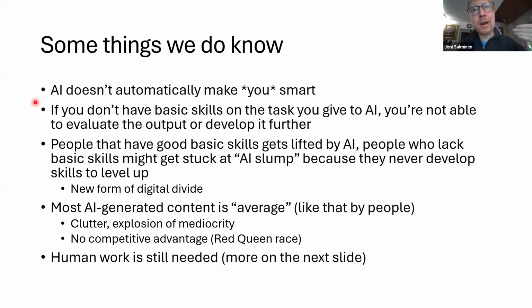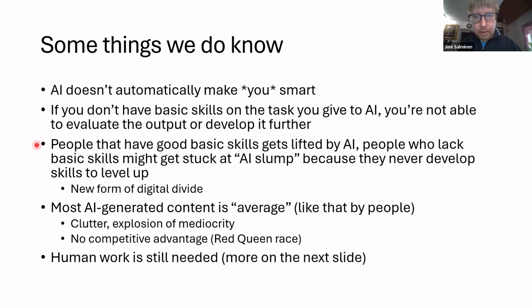So again, the human is the weak link in that. That's why we need to push our own understanding of concepts and develop basic skills, so as not to rely too much on AI.